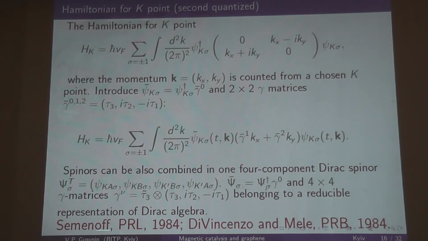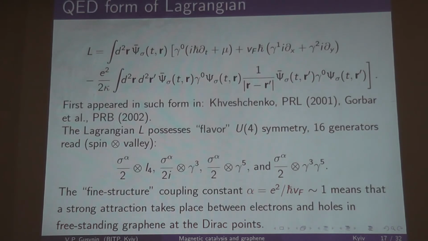This was first obtained by Semenoff many years ago. In QED form, we add the Coulomb interaction between particles, and we obtain such a Lagrangian. The first properly written papers were by Khveshchenko and our paper.